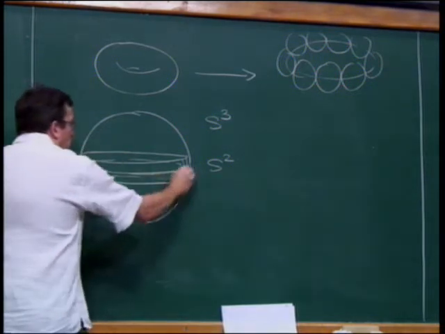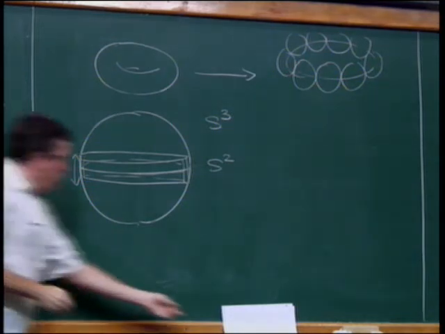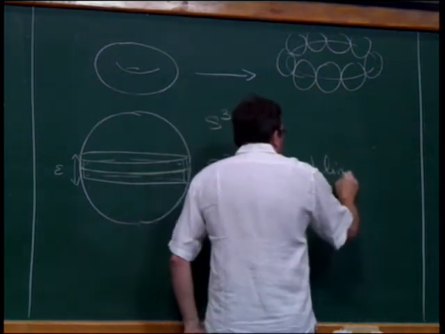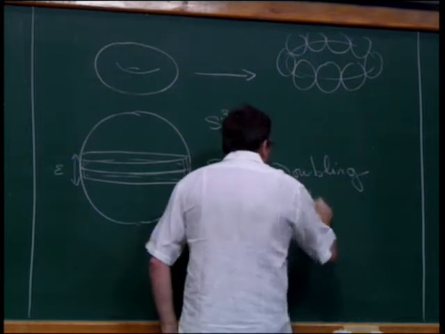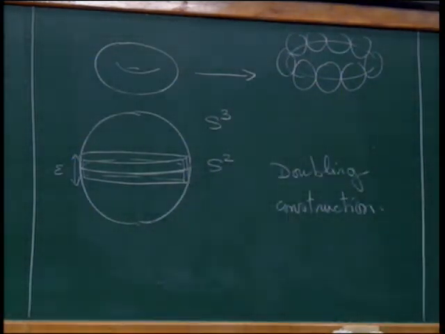So the equator here is a minimal surface, but what you do is that you double it, and then you perform a connected sum at 2 antipodal points. And this is called a doubling construction. This is very reminiscent of what I've done here.